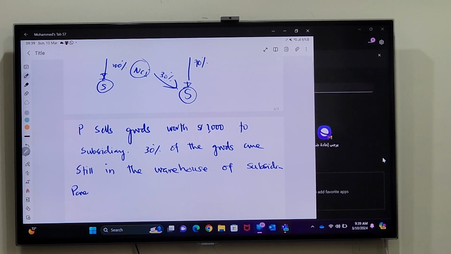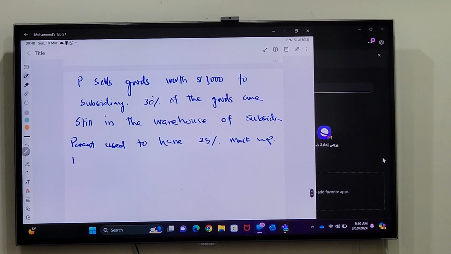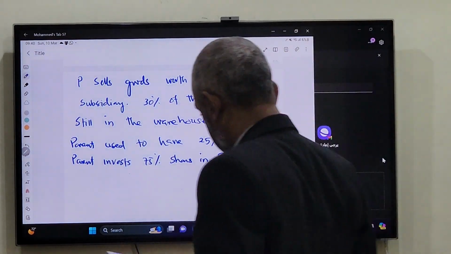Parent used to have 25% markup. Parent invests 75% shares in subsidiary. Now, can we do this calculation?